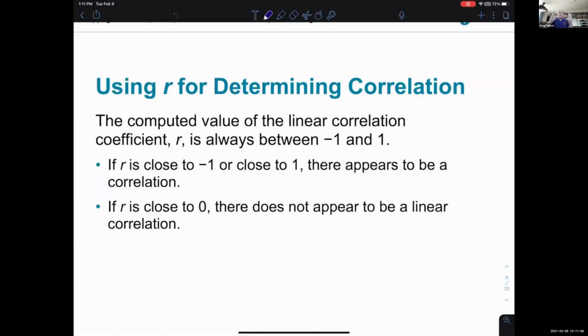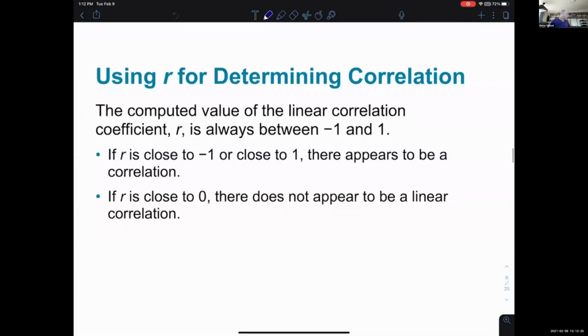Then as you move away from the extremes of 1 and -1 and move to the middle where the 0 is, that's when you're losing your correlation. And that means there does not appear to be a linear correlation. Think of the 0 as no linear correlation and 1 as meaning 100%, yes, there's a linear correlation.